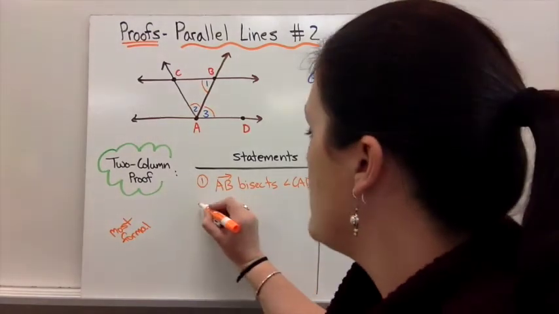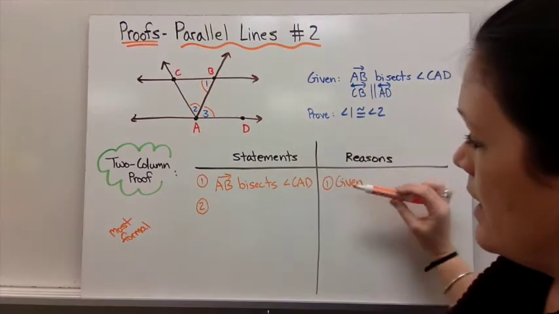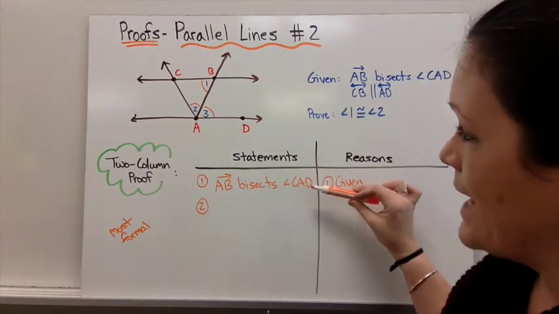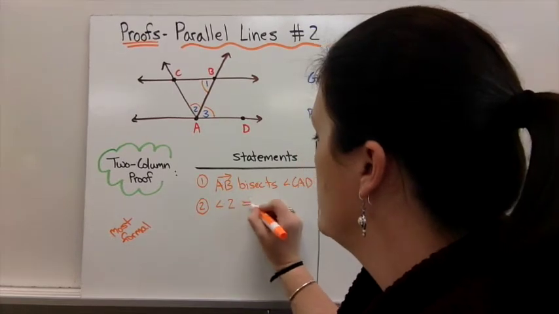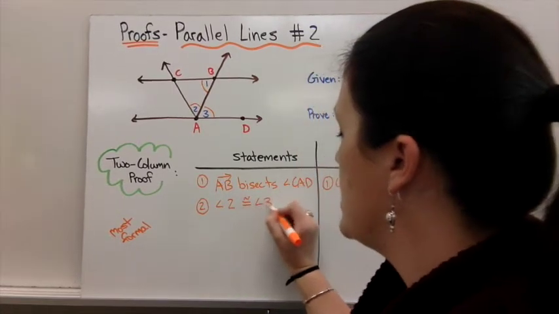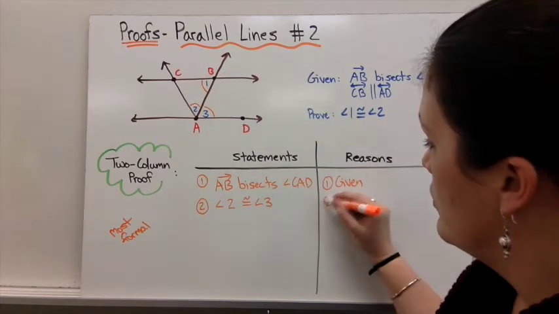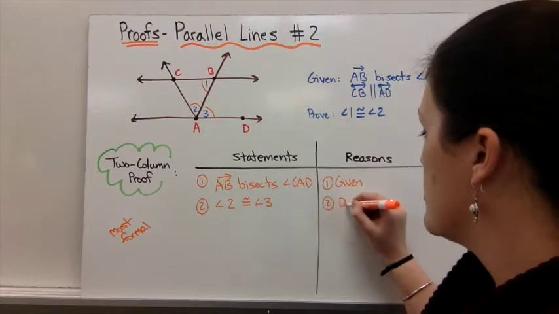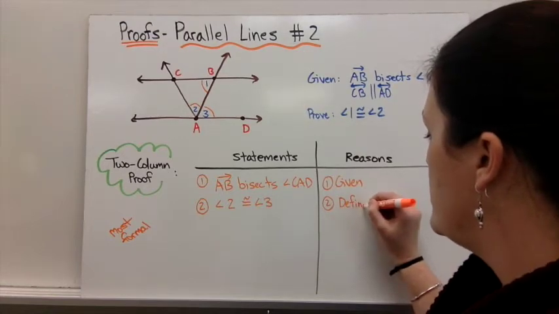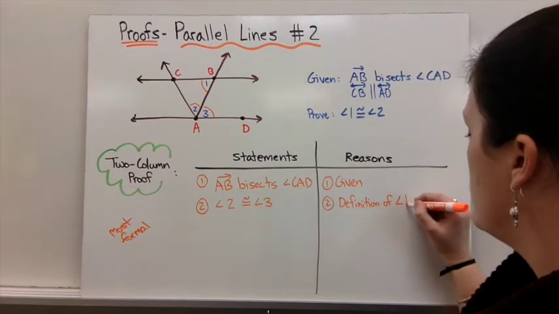Since that ray bisected that angle, I can now state angle 2 is congruent to angle 3 because of the definition of angle bisector. That's the way we want to write this. So let's put definition of angle bisector.